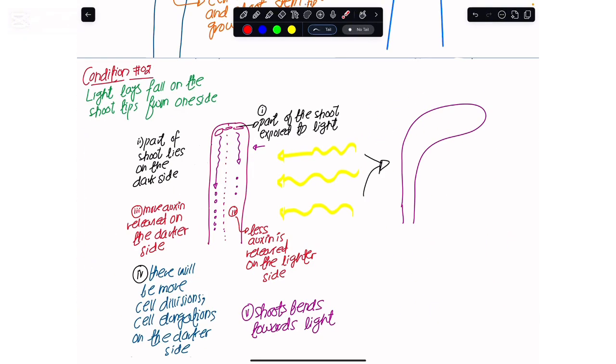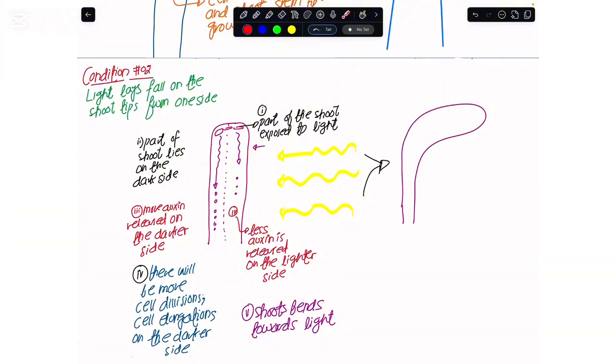Now, consider scenario number two, where we have this shoot tip, and the light rays are hitting it from one side only. You see the light rays are hitting only this part of the shoot. Now we have to look at the mechanism of how, in this situation, the shoot would bend toward the light.